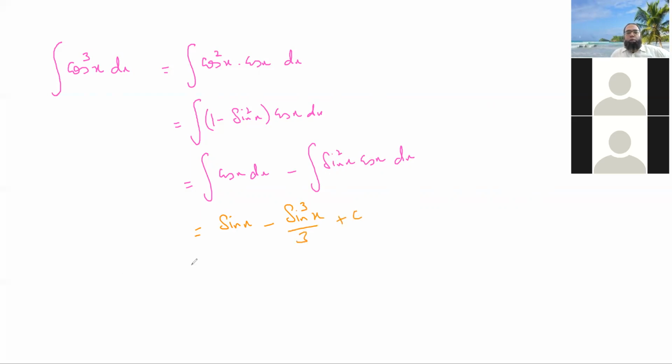Okay? Even if you have, like if I take you to the next page, suppose we have to integrate sine to the power 5x. Now, sine to the power 5x, we shall write it as sine to the power 4x times sine x. Look at this. This is going to be sine square x, and then there is a square.